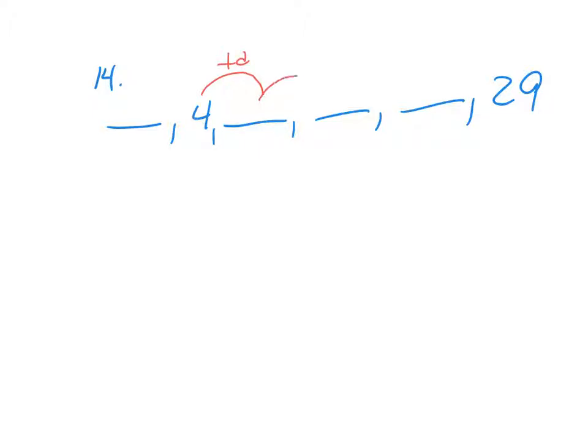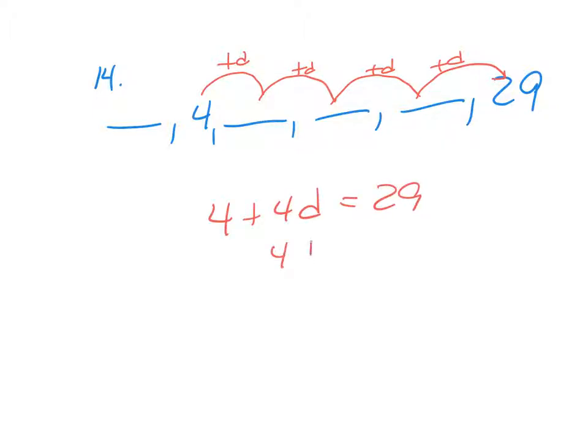To get from the second number to the third number, I need to add d. To get from the third number to the fourth number, I need to add d. And to get to 29, I need to add d. How many d's did I add? 4 d's. So 4 plus 4d equals 29. 4d equals 25, right?